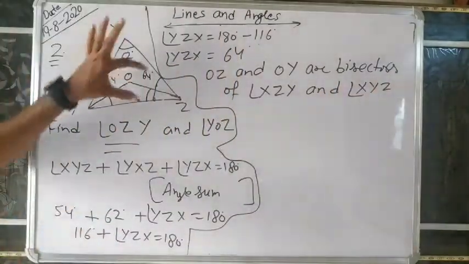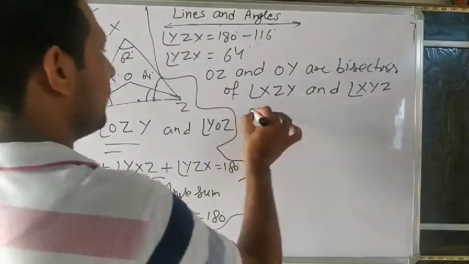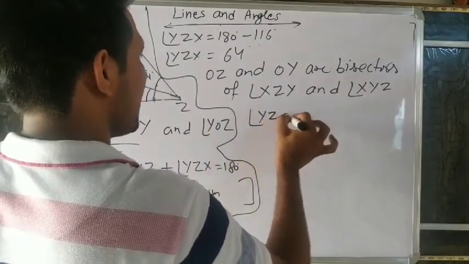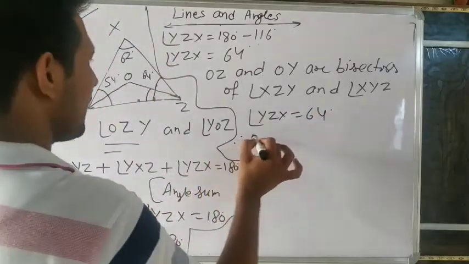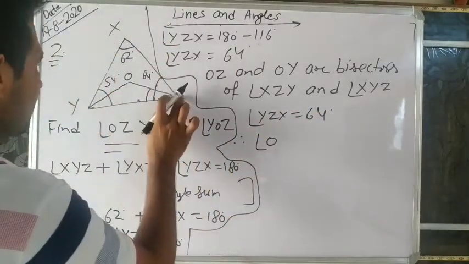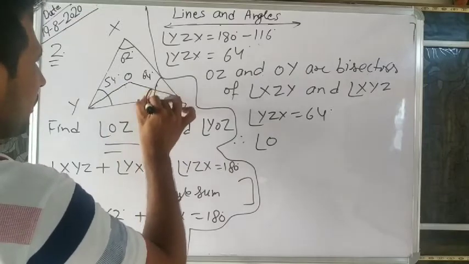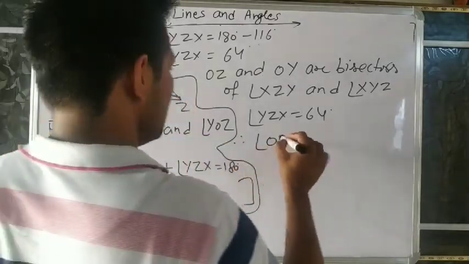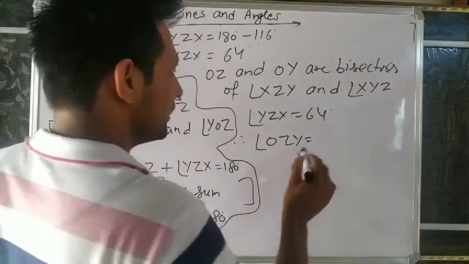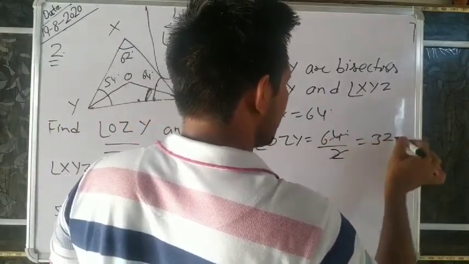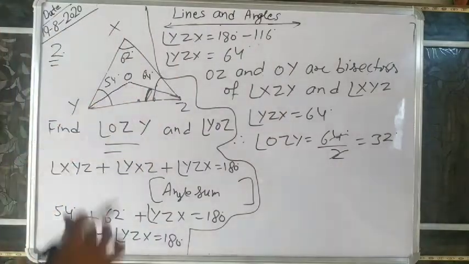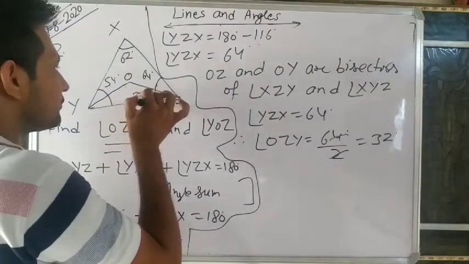And we know the total angle YZX is 64, but we need only this much, which is half of this one. So angle OZY is 64 divided by 2. How much? 32 degrees.